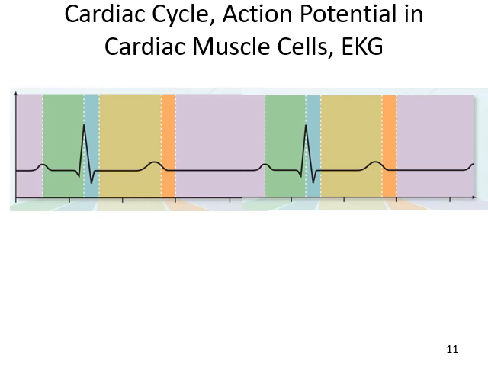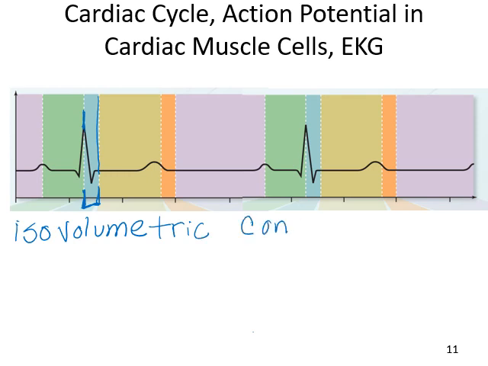That is shown here in our blue phase. And you can see, as we talked about, it's a real short period of time. So our ventricles depolarize, they are starting to contract, and again, this blue phase is isovolumetric contraction.